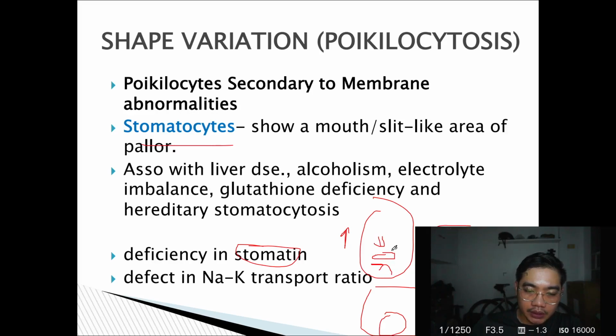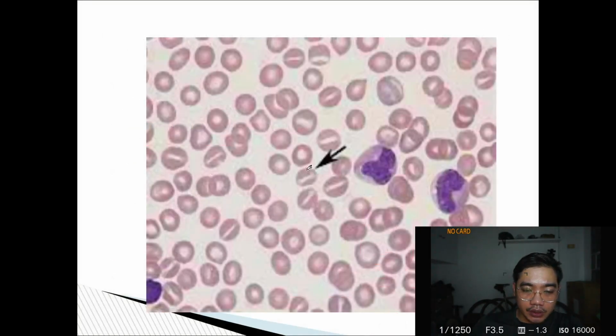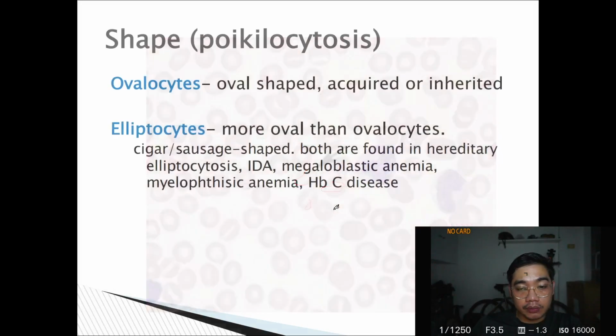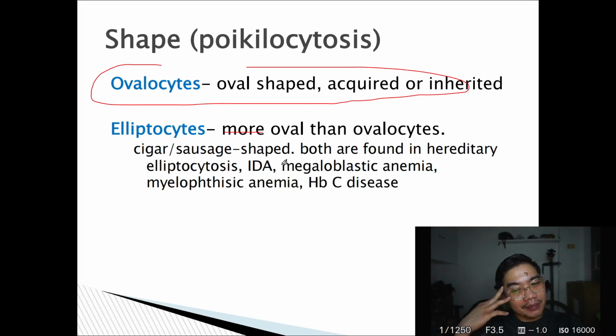It's usually alcoholism, usually a defect in your sodium-potassium transport ratio. More sodium inside, that's why water is inside the red cell. So it becomes a mouth, a slit-like space. It looks like it can eat a tomato. Tomato. You also have your ovalocytes, and we have your elliptocytes.